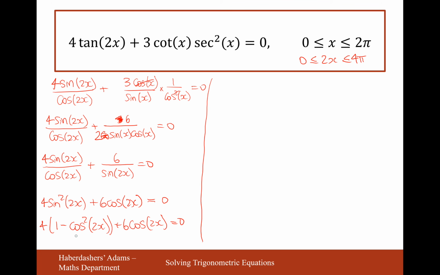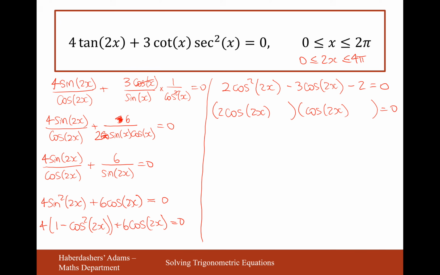So when I expand the brackets and make the cos squared positive, I'm eventually going to get, and I'll divide by 2 as well, 2 cos squared 2x, and then minus 3 cos 2x, and then move the 4 on the other side, so minus 2 equals 0. I've divided everything by 2 as well. Then we can use some factorization, so it would be 2 cos 2x, and then cos 2x equals 0, so that would be minus 2 on this side and plus 1 on that side.